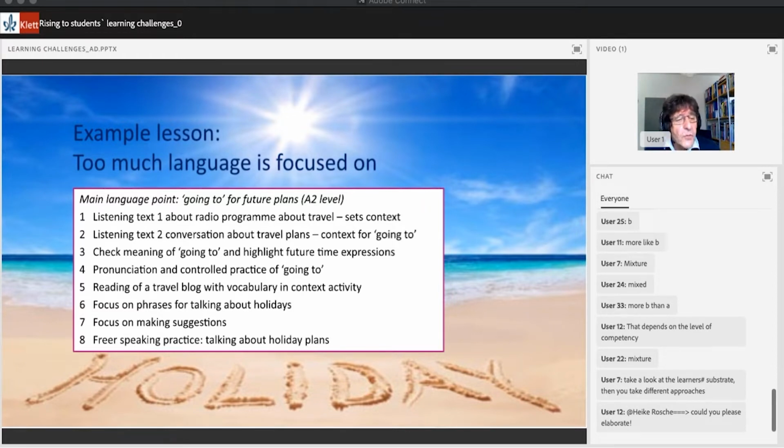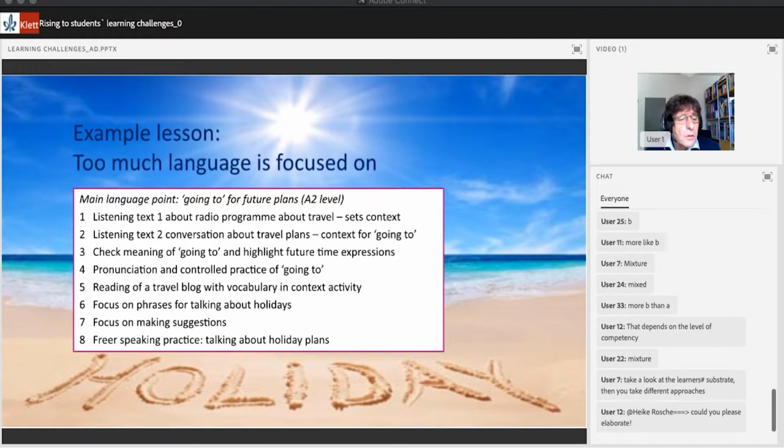First of all, students listened to a radio program about travel, and this set the context. Then there was a conversation between two people talking about travel plans. This led to introducing going to and focusing on the meaning of going to and future time expressions like next summer and so on, next year. Then there was pronunciation and controlled practice.